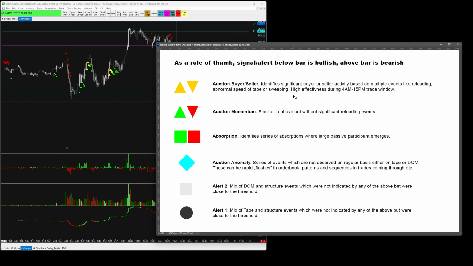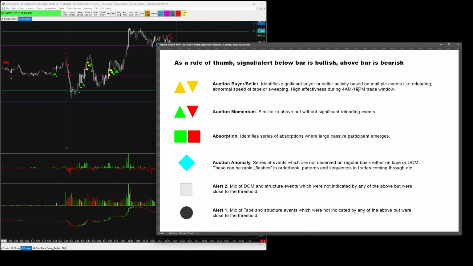It doesn't mean necessarily that it's always going to impact the market, because you have to understand that there might be a dealer, or someone who is not trading directionally. But usually when you see the combination of these multiple events, like reloading, the speed, maybe sweeping, which is when one order will swipe the order book for 2 or 3 ticks or something like that.